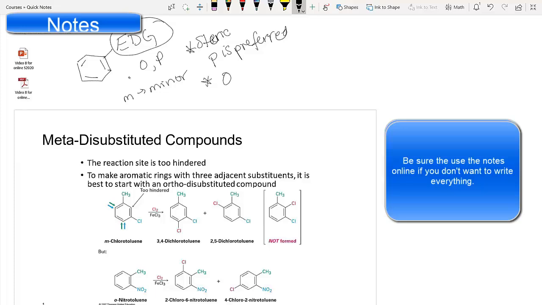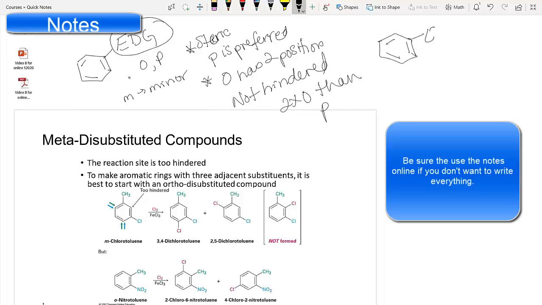Another thing to keep in mind is that if the electron donating group is not very bulky, there are two ortho positions, and so in theory, as long as the ortho and para positions are not blocked in any way, the two ortho positions are equally likely, but there's only one para position, so you should have almost 2 times as much ortho than para, as long as the electron donating group is fairly small.